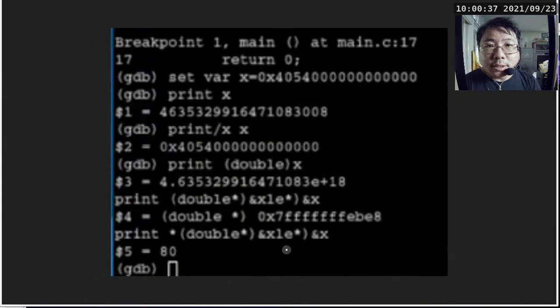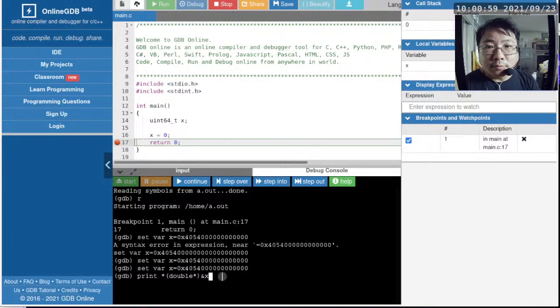I think that's a leftover from when we printed the address. It's a problem with the terminal emulator. The terminal emulator might be picking up some garbage from before, but the actual expression is not that. The actual expression is what you're seeing right here. That is what it should be printing.